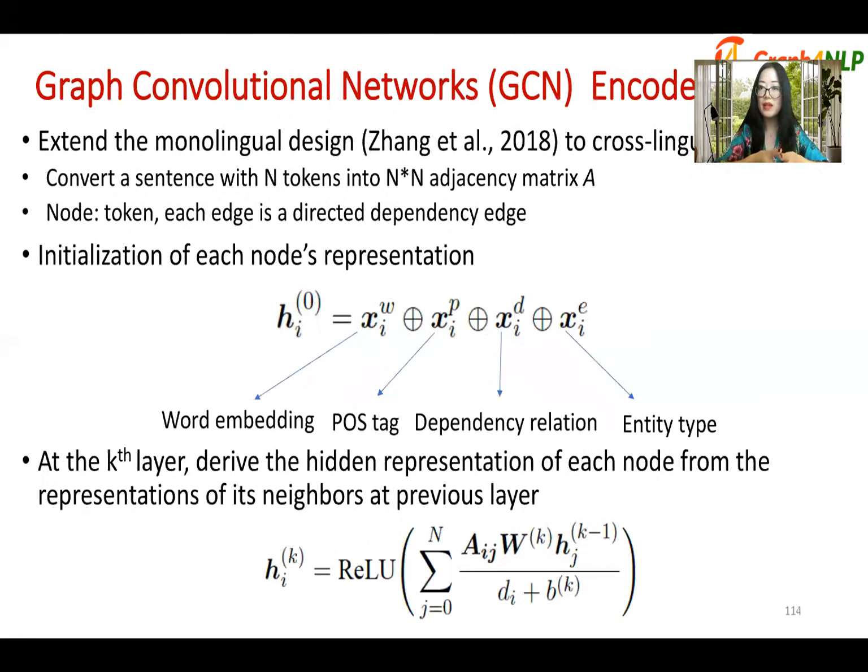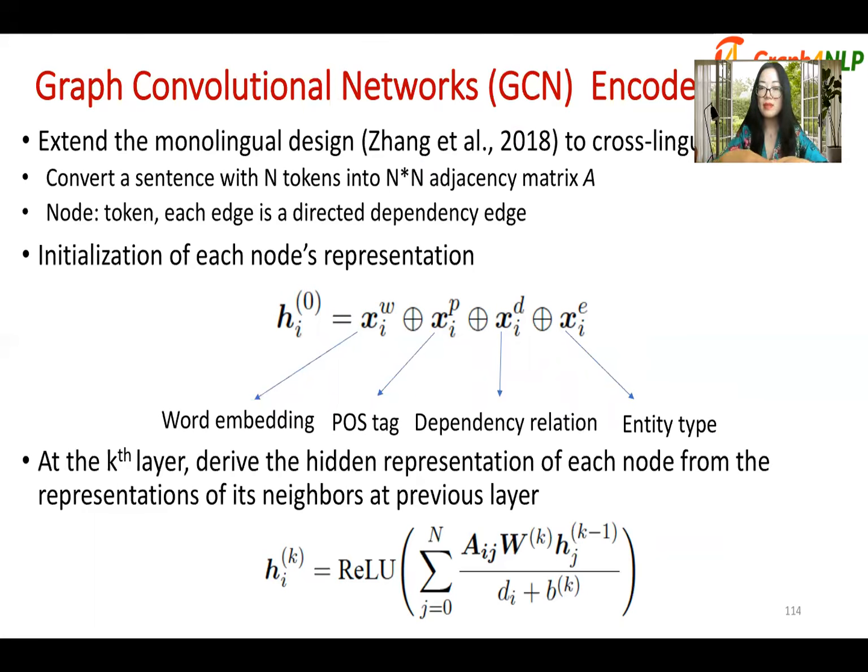So to do the encoding, we use a graph convolution network because it can fit the graph structure very well, and also it's very efficient. So we initialize every node using multilingual embedding.